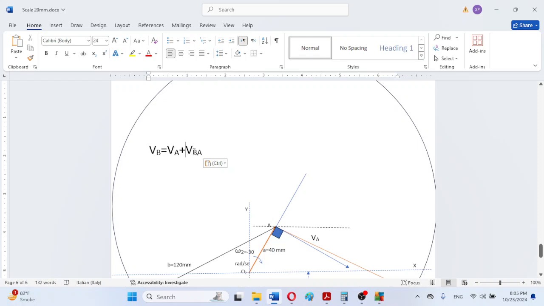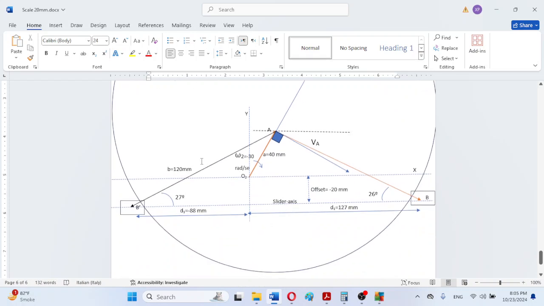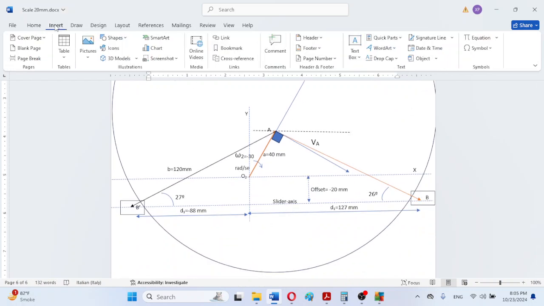Now we will be defining VB relative A. So VB relative A will be perpendicular here.